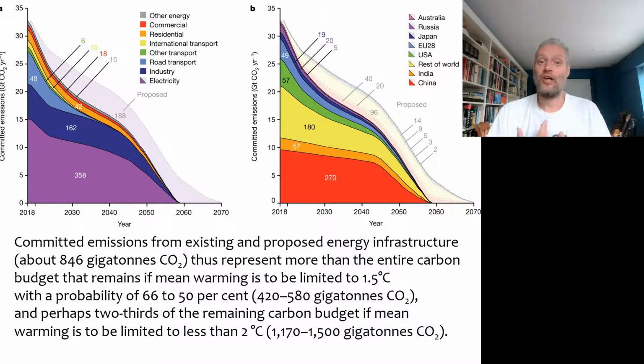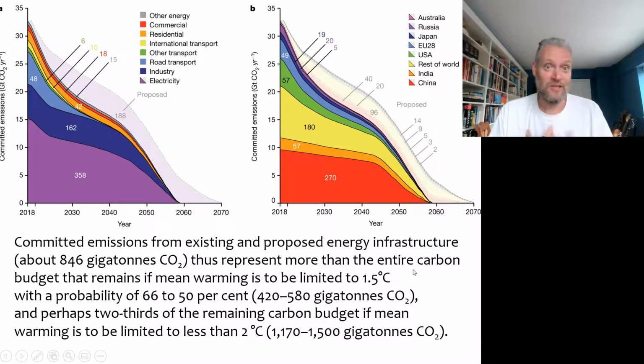And this is essentially the committed emissions, and that makes a total of 850 gigatons of CO2. This is a rather large number. Just to put it in perspective, this 850 gigatons of CO2 compares to the carbon budget.